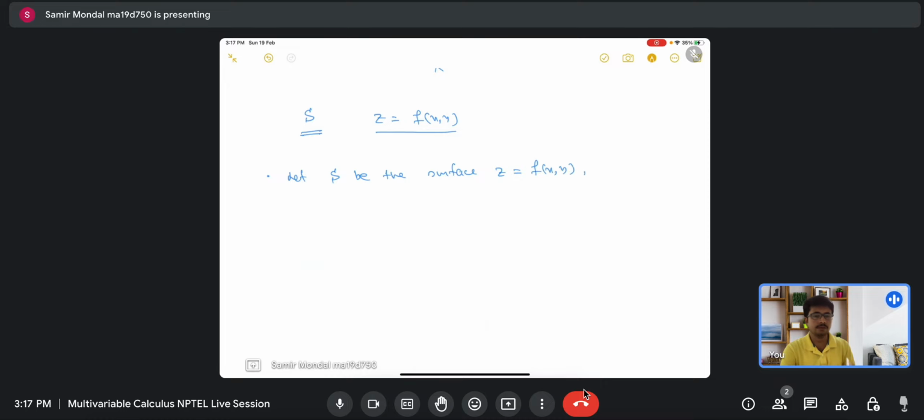Here we are fixing our function as a two variable function; after that we can generalize this concept for higher variables also. Where f_x and f_y, the partial derivatives with respect to x and y, are continuous on the region D. D is the domain of the function.